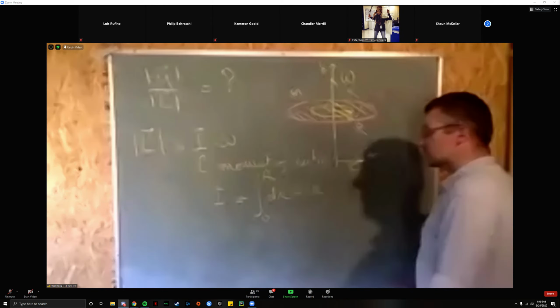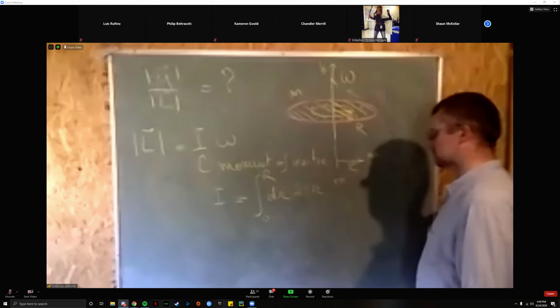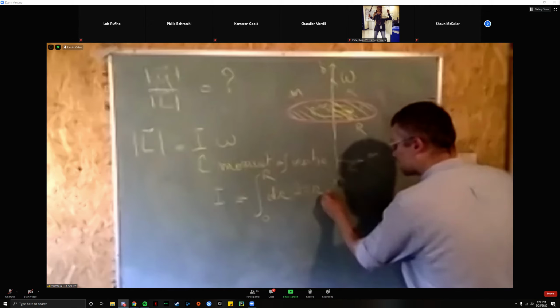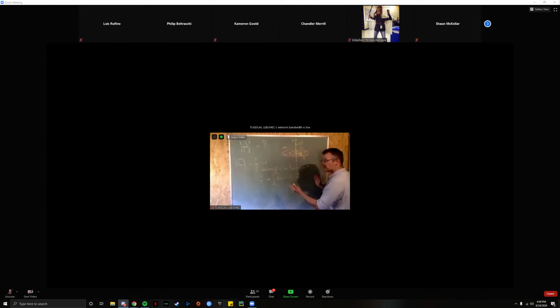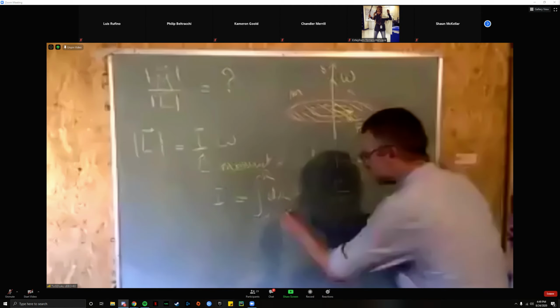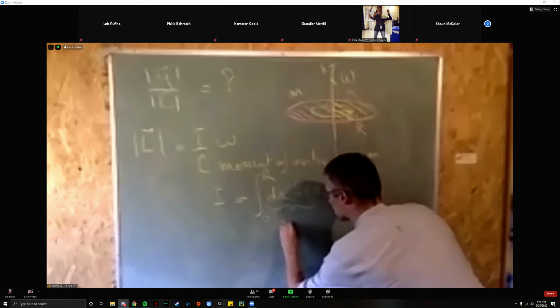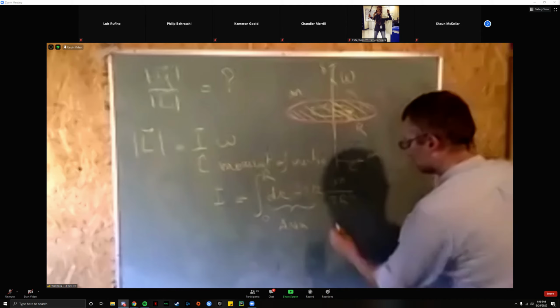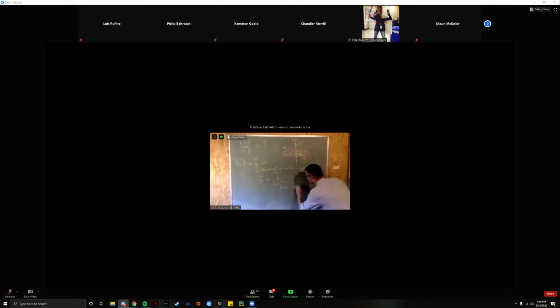The mass of the disk is M. To get the surface mass density, I need to divide by the area of the disk, which is pi R squared. So at this point, this is an area, and this is a surface mass density.